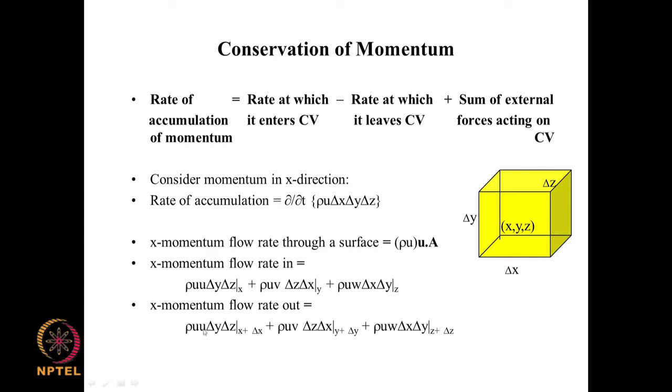If the x velocities are different at x and x plus delta x, or either v or u are different at y and y plus delta y, or either u or w are different at z and z plus delta z, or density is changing at these points, then all these things are potential reasons by which the overall x momentum contained in this is changing.